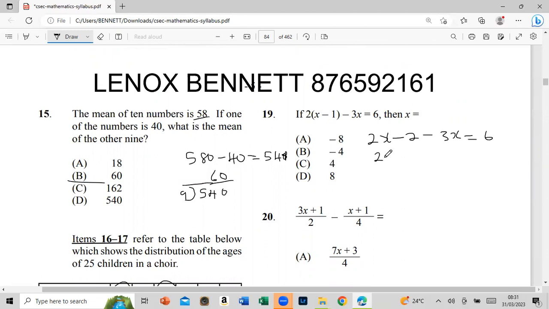So it's going to be 2x minus 3x, and then minus 2 equals 6. We need to cover this minus 2, so we're going to add 2 to that side. So this is going to work out to negative x equals 6 plus 2, which gives us 8.